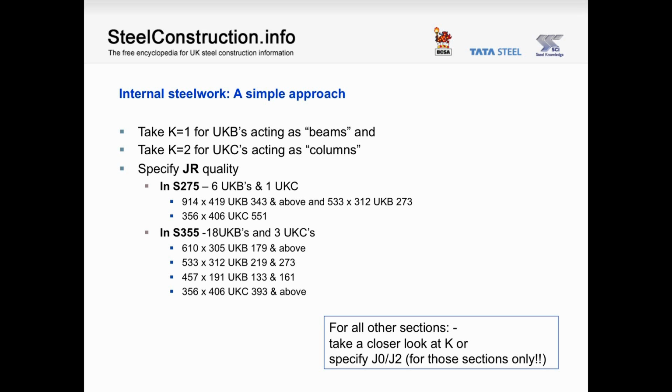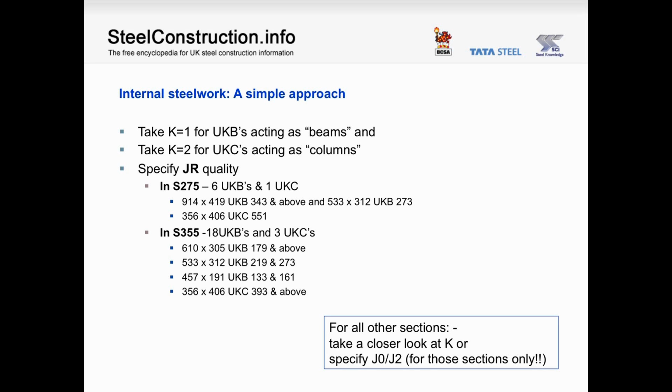So we'll take K equals 1 for UKBs acting as beams. We'll assume our UKCs are columns taking compression and use a K factor of 2. Armed with this, we'll look at all the sections in the Blue Book. We'll assume the fabrication will be to the thickest element, the flange, and we'll identify which sections have a flange thickness greater than KT1. And this slide shows the results.